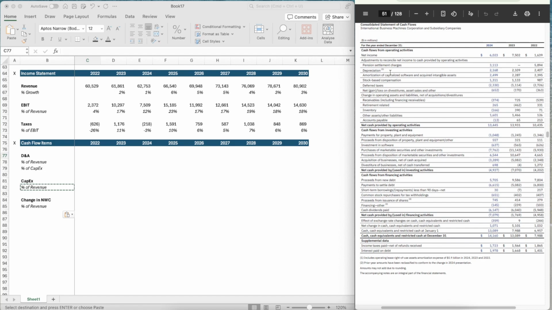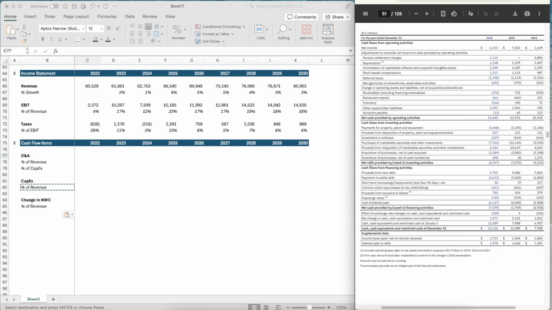We want depreciation, and this one as well, amortization of capitalized software and acquired intangible assets. Then payments for property, plant, and equipment. That's the capex. The change in net working capital is the sum of these 5 here.